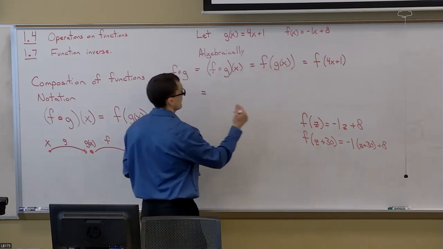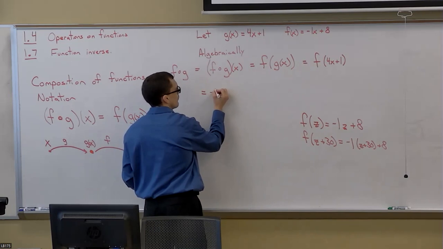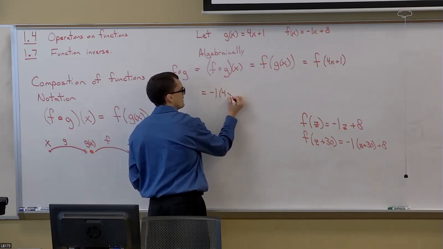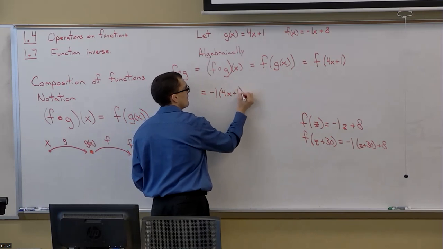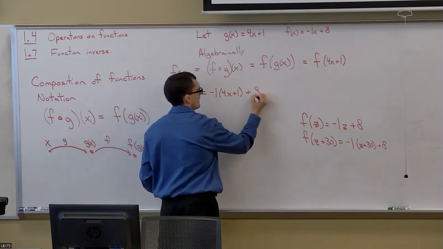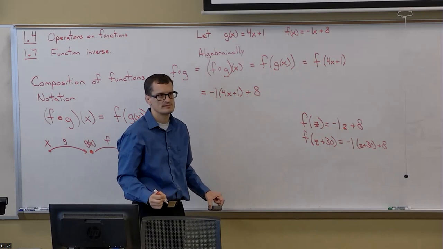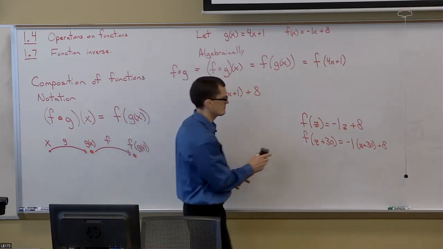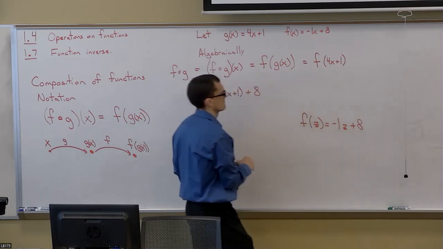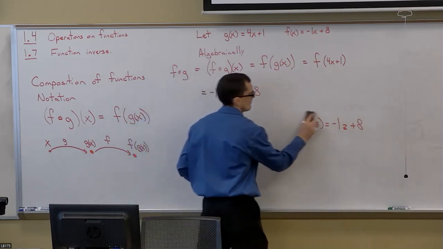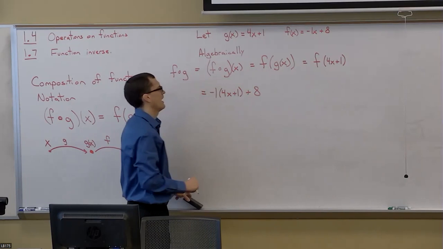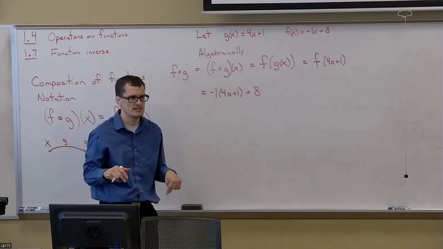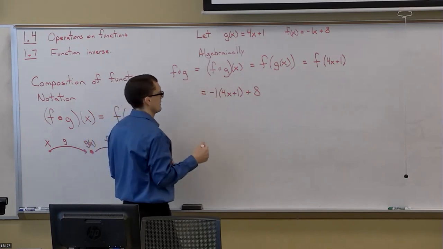So what we're going to do is we're going to take negative 1 times the expression 4x plus 1, and then add 8. Are you okay with that? And then on Moodle, you probably simplify and then write the coefficients again, kind of thing. So I'll simplify this.